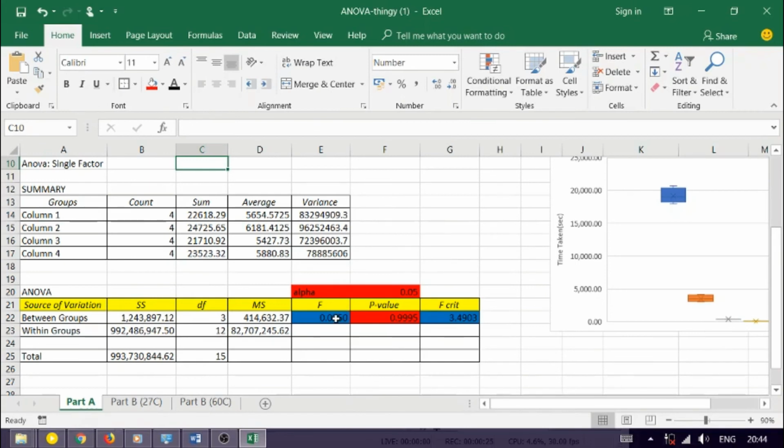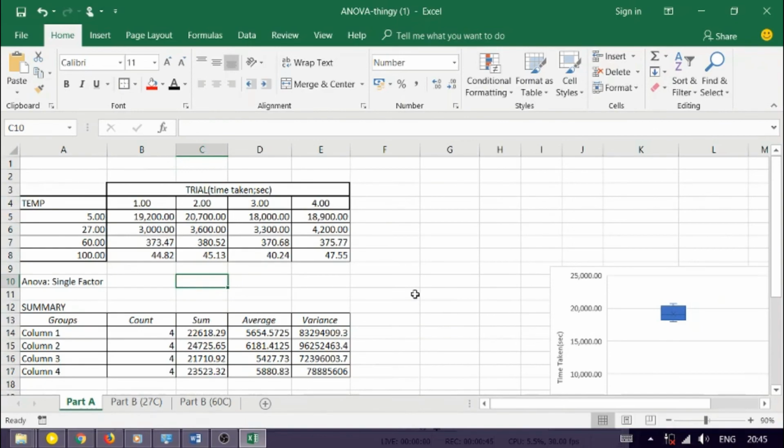Here we can see that the F value is smaller than F critical, and also the P value, which is 0.095, is larger than 0.05, meaning our null hypothesis is accepted because our data is within populations.